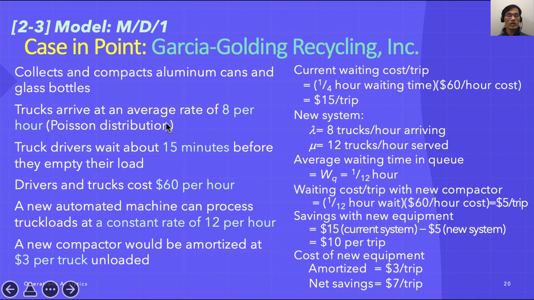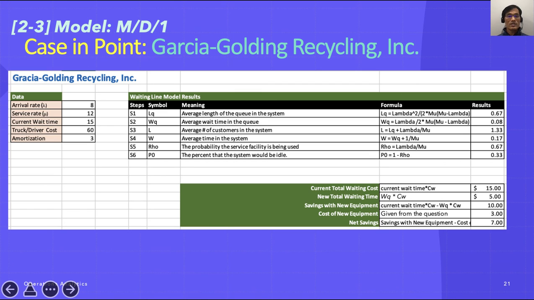So per hour, how many? $84 per hour you can save. And if you are operating 8 hours, then it's going to be even more profit or savings than before. Now let's do this calculation together using Excel.